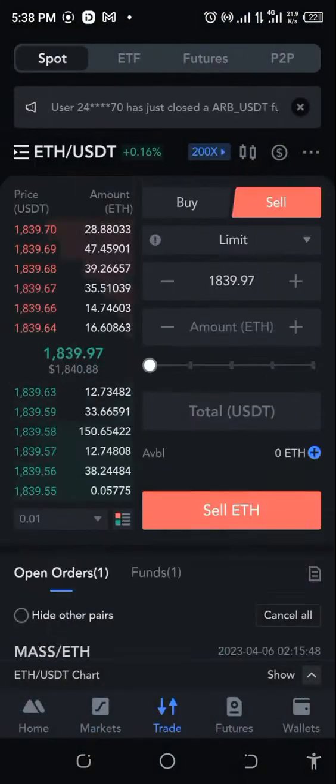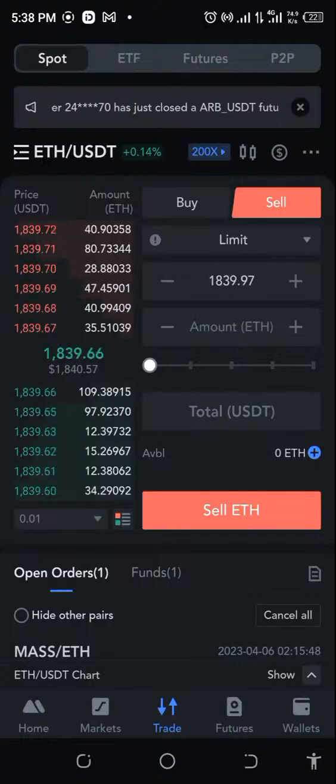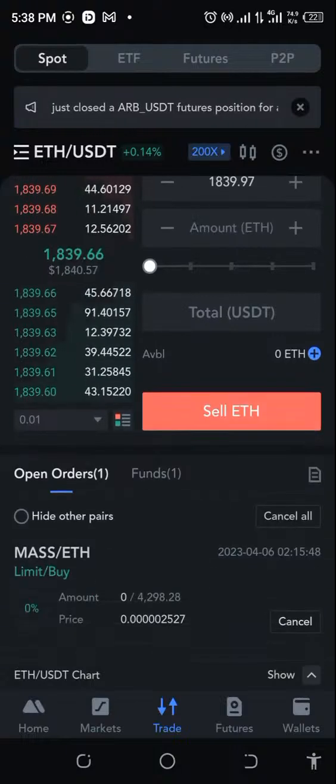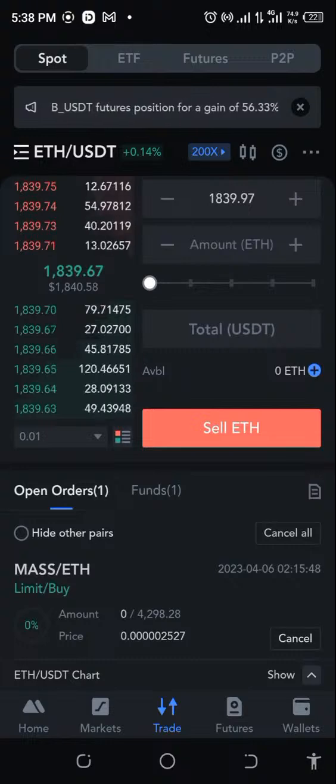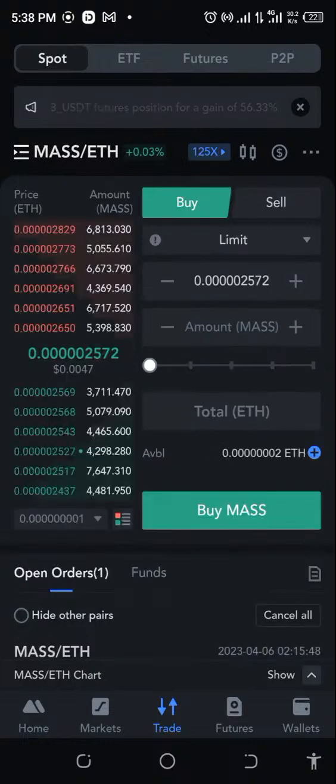Because of that, I was actually looking at recalibrating. If I cancel the trade right now, I would probably be able to recalibrate this and restart the trade all over again.